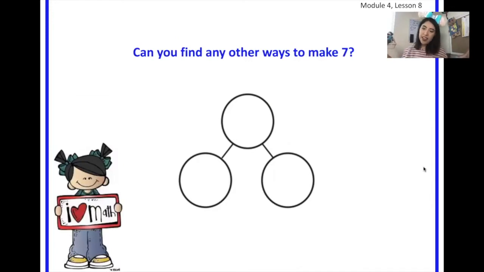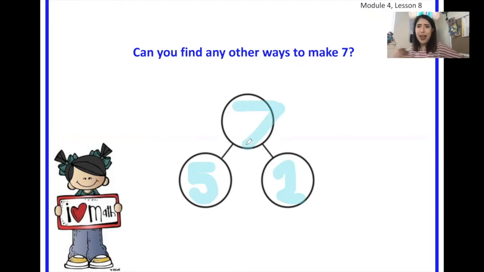Do we know of any other ways we can make 7? So we already have 1 and 6 and 4 and 3. Wow, I like that one. 2 and 5. 5 and 2 make 7.